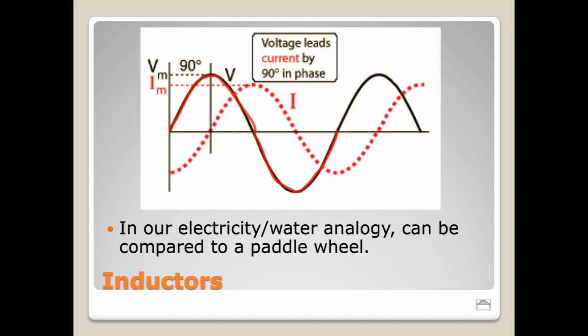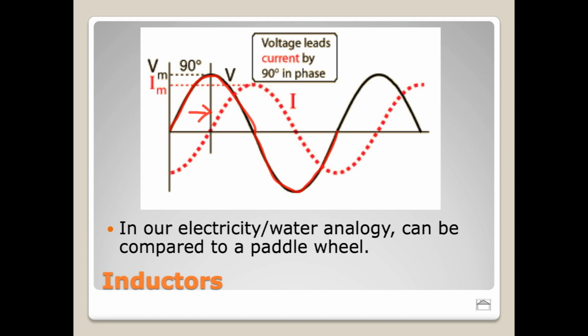Inductance is going to slow down the flow of current. The voltage rises and falls just like it normally does, but the current is slower. And so what we see here is a shift in the current.